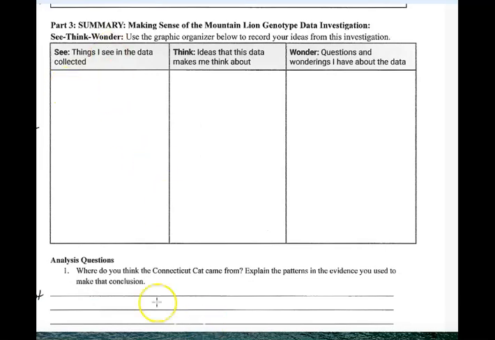Okay, so some things that we've noticed in the data that we've already talked about is that the Connecticut cat is most closely related to South Dakota.